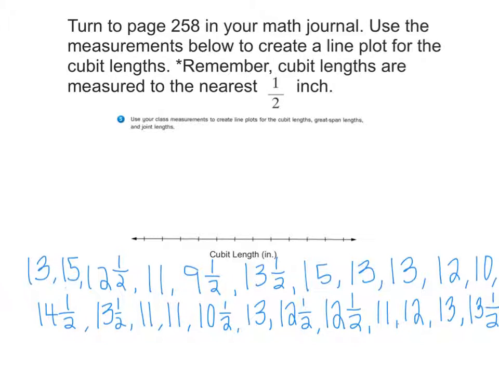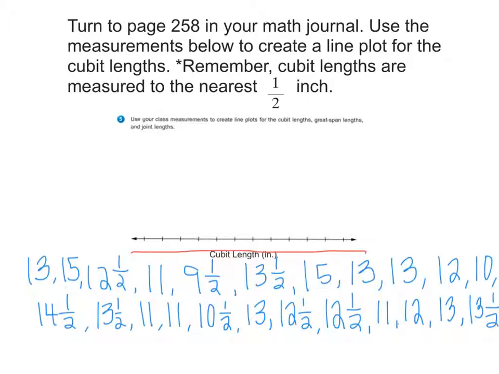First, we will be starting with the cubit lengths, which would have been measured to the nearest half inch. You can see at the bottom I have provided you with data for 23 different cubit lengths. Remember, when you create a line plot, you will be going from least on the left to greatest. So make sure that you order your cubit lengths from least to greatest.